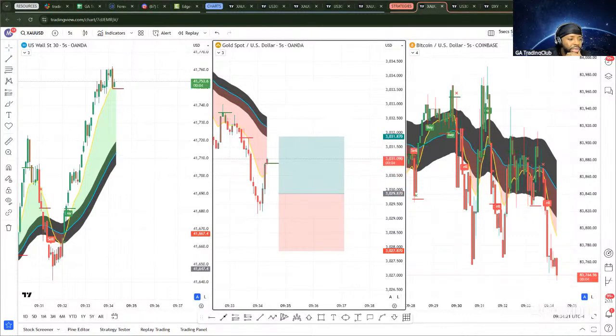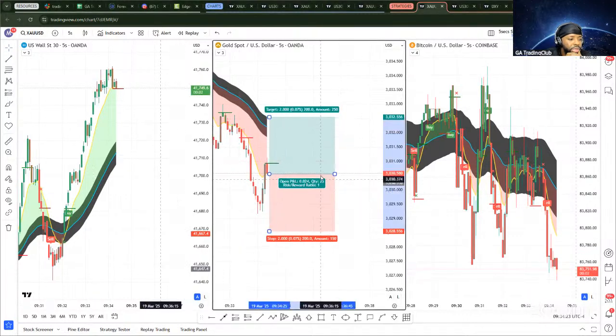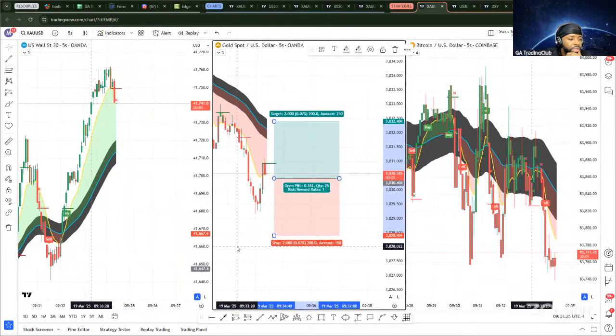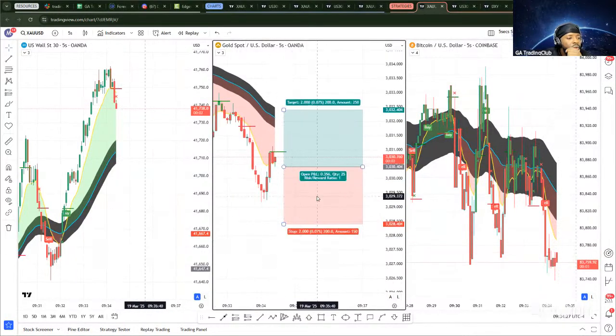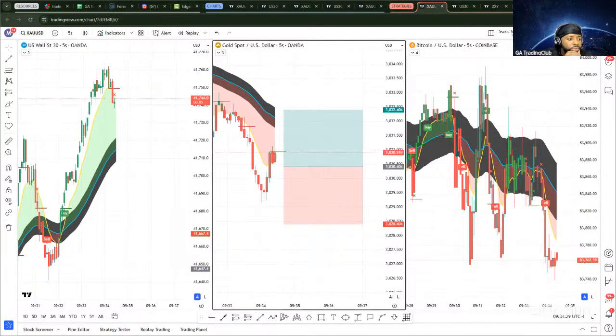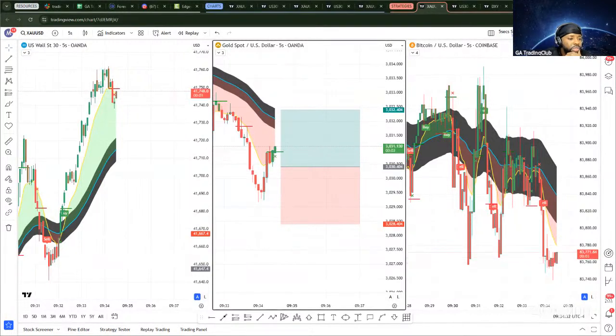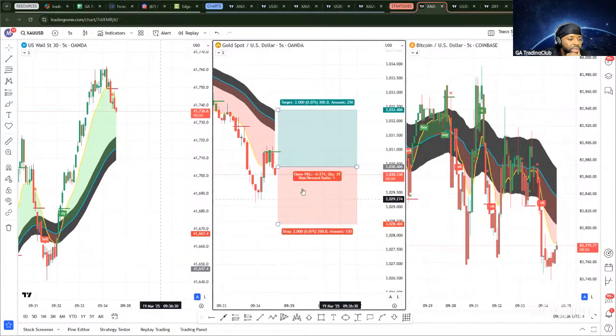I don't want that push up just yet. All right, there's the crossover. Need to make sure it crosses with the green X, or it closes with the green X. So not yet.